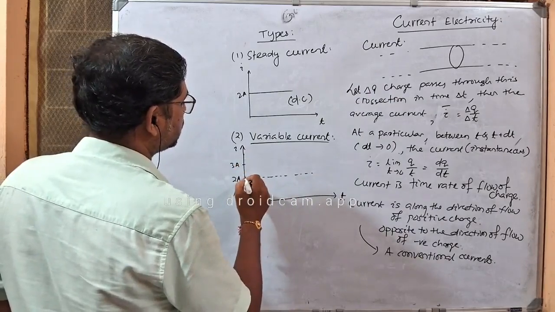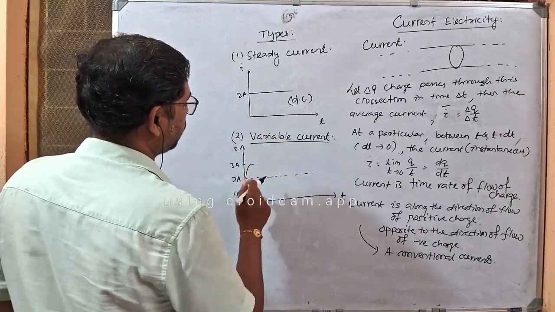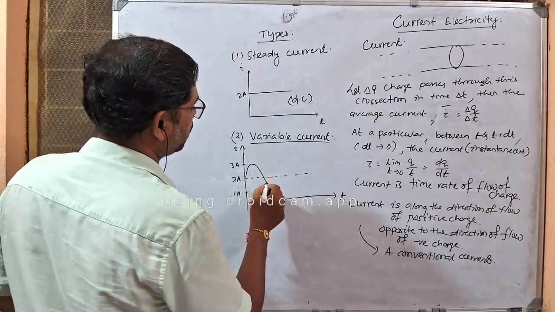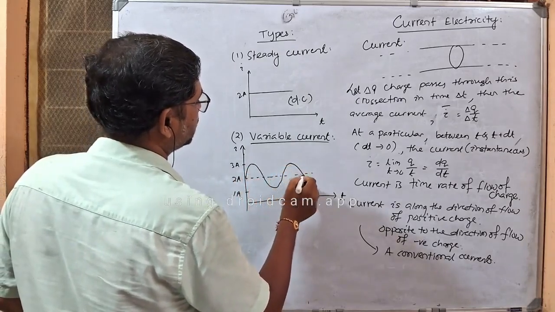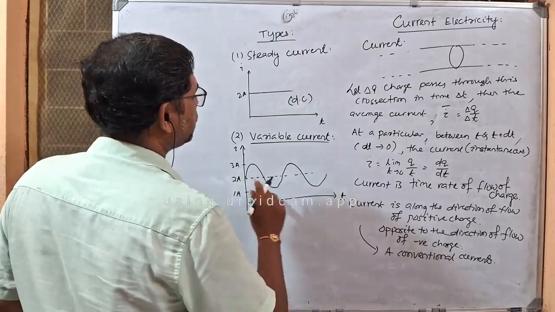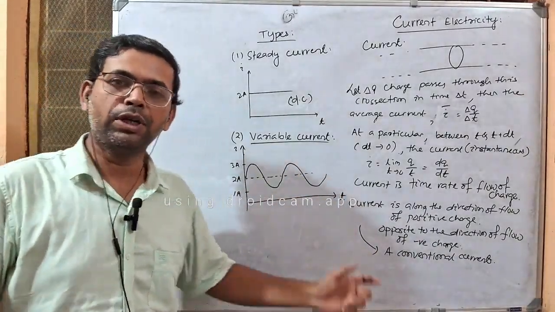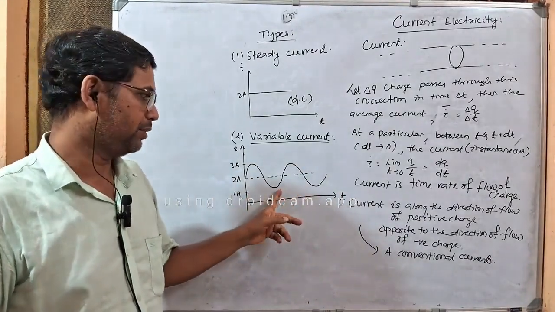Suppose current is changing its magnitude like this, starts from 2 ampere, goes to 3 ampere, then drops to 2 ampere, then drops to 1 ampere, then again follows the same path. This is variable current. Current is not changing its direction here.